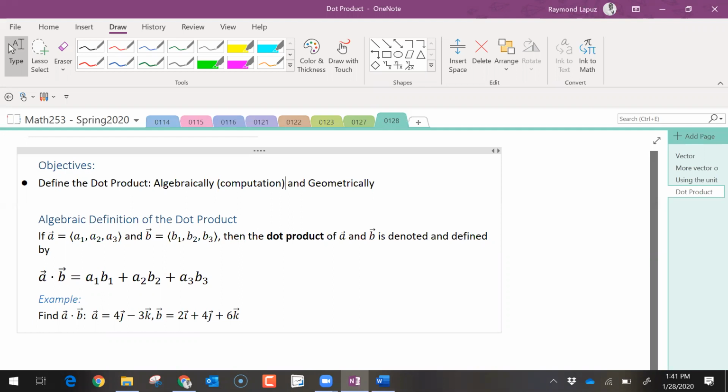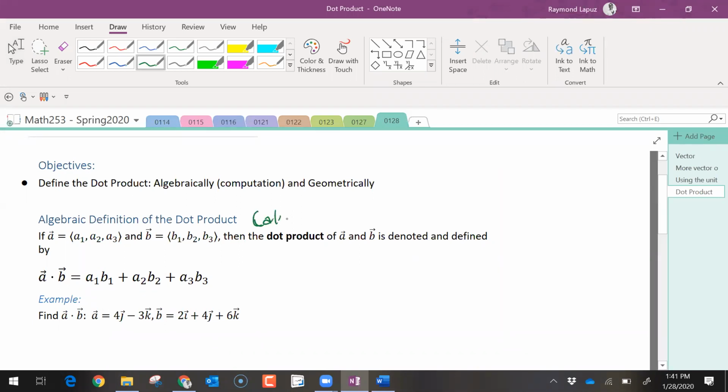So that's going to be an important aspect for checking yourselves with rules and properties later on, that the dot product gives you a scalar. So this is sometimes called a scalar product just because of that fact that you get a scalar. And so the dot product gives you a scalar.